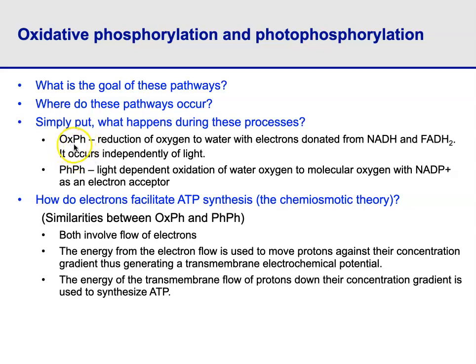So oxidative phosphorylation is a process of reduction of molecular oxygen to water. And the process is stimulated by electron flow from electrons donated from various electron carriers, but mainly NADH and FADH2.